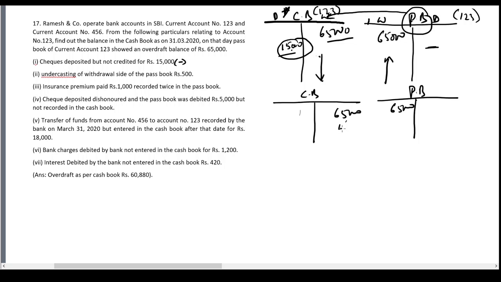There were two payments, 500 and 500 worth, recorded in the cash book, and they were also recorded in the passbook. But what happened was, when the payment side was totaled, the banker totaled only one of these two items. He did not take both the items. He has taken only one of them. That means he has forgotten to take one item into consideration.